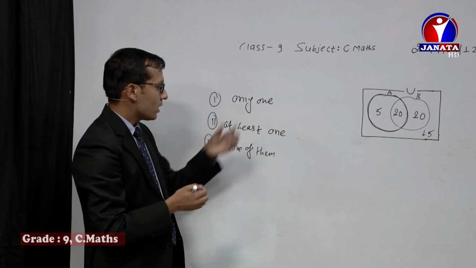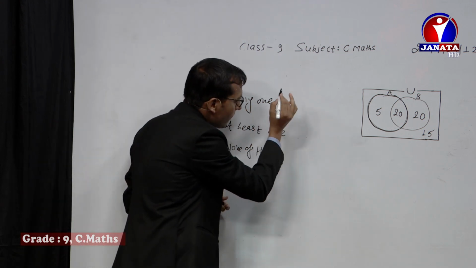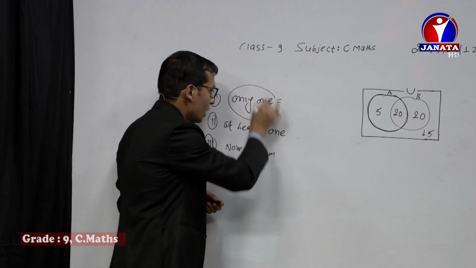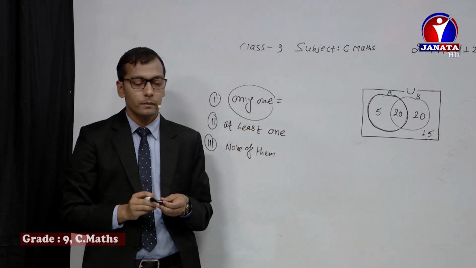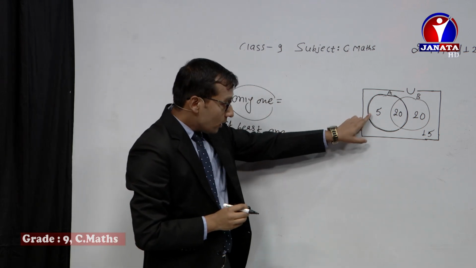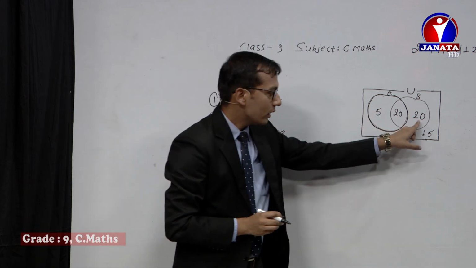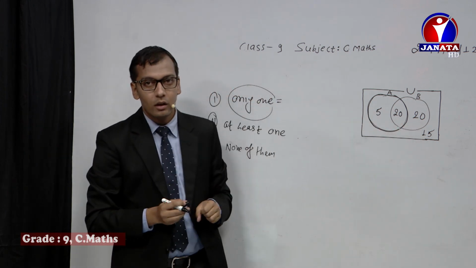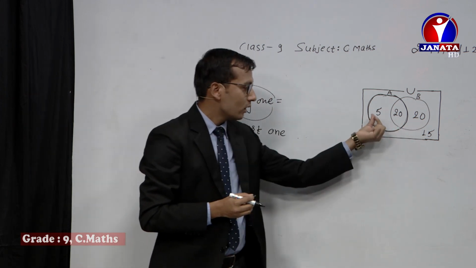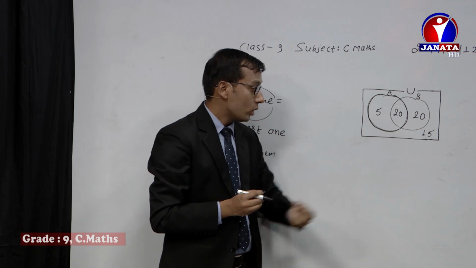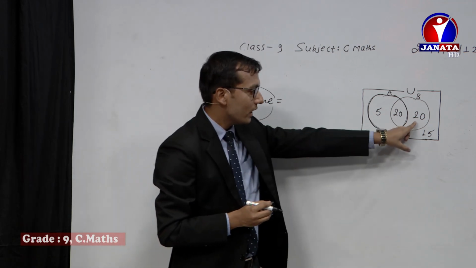That means this first keyword talks about either n only A or n only B. So what is the cardinal number in n only A? 5. What is the cardinal number in n only B? It's 20.